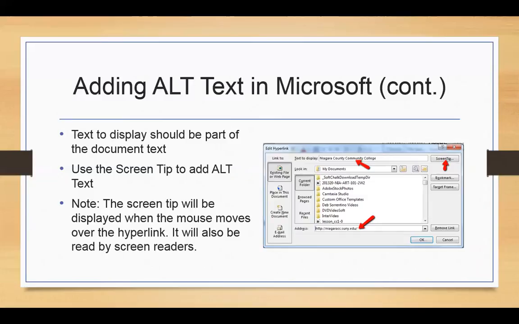Okay, so those are the different things that you would set up for different objects, whether it be a website link, a chart, a table, a picture, whether it's in a Word document or whether it's in a Blackboard document or a page in Blackboard. You want to set up the alt text in those.